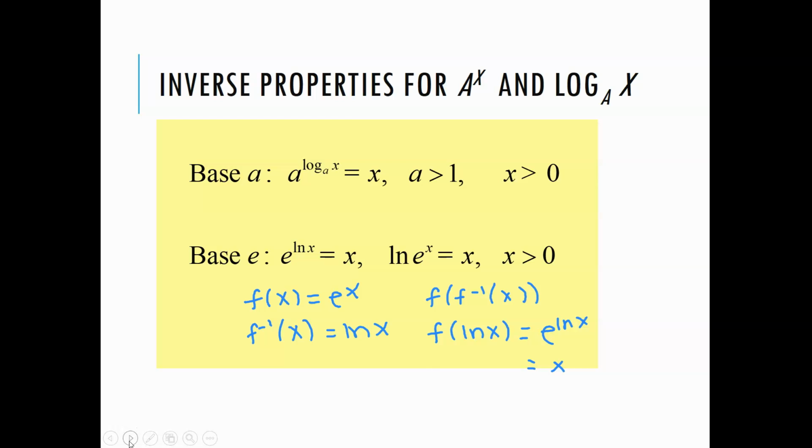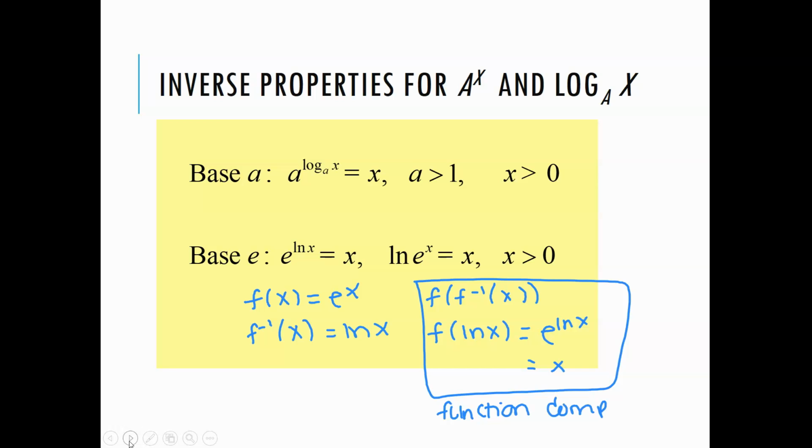So again, this is from Friday. That's function composition. To prove two functions are inverses, their function composition has to equal the identity, x.